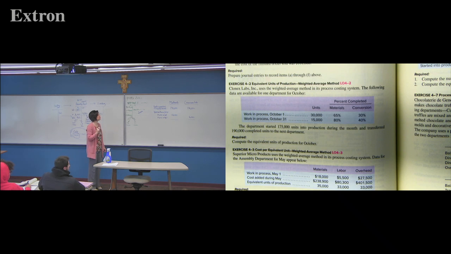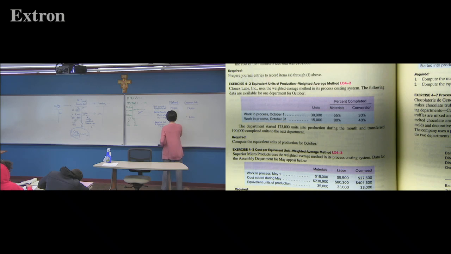The question is, compute the equivalent units of production. So when I add these up, these are my equivalent units of production, which, if you know what that means, you can start to abbreviate EUP, okay?